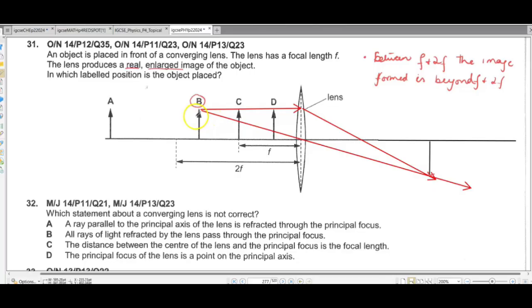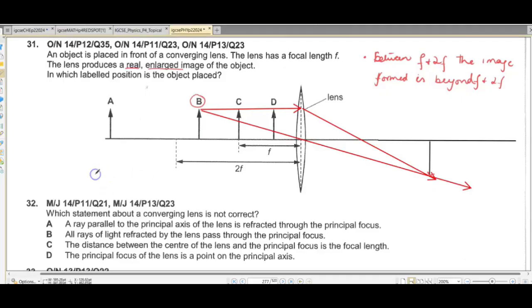Here's the ray diagram, and you can see that the image formed over here is clearly enlarged compared to the object. So B is going to be our correct option for this. You can always draw ray diagrams to see which option gives you an enlarged image or whatever is required in the question statement. Okay, so let's move forward.